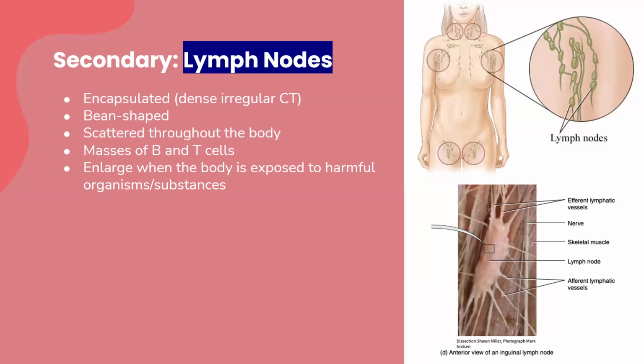These lymph nodes will enlarge when the body is exposed to harmful organisms or substances. Basically, if they see any foreign substance, just like how if there's a criminal on the loose, there will be units that are trained and dispatched from the police station, okay, from the office ng, so from the police station basically.